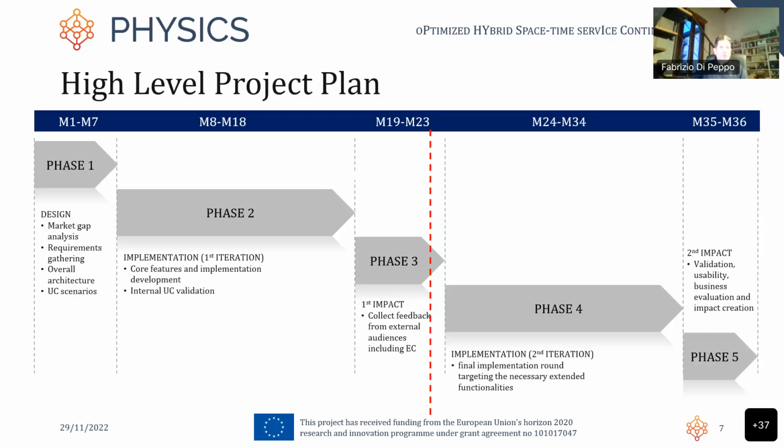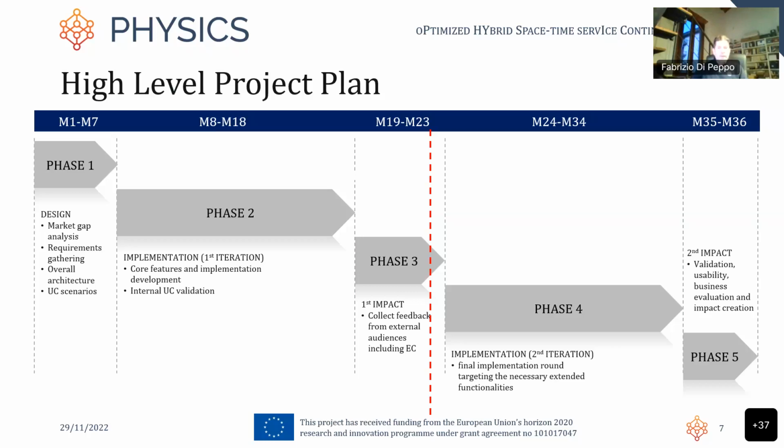The project plan is this one. It is divided into phases. We are currently almost at two thirds of the project. Phase 1, design, and phase 2, implementation, are completed. A first release of the platform and related pilots have been released, and an internal evaluation has been made.